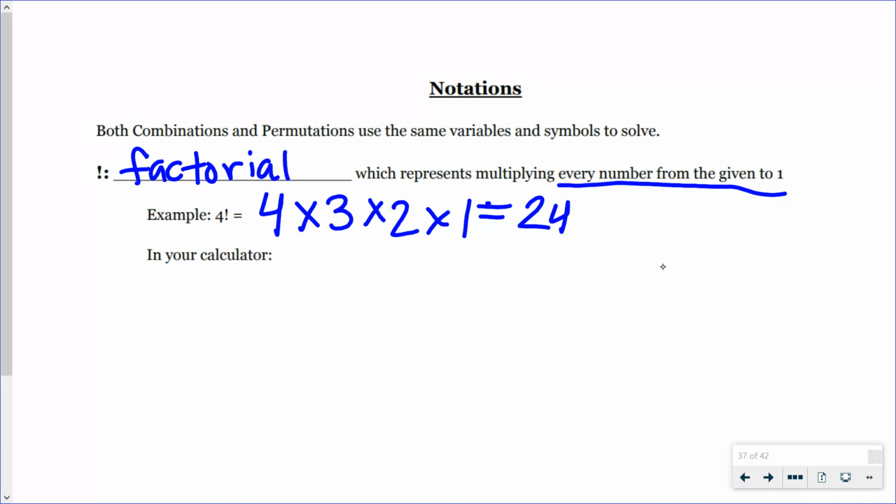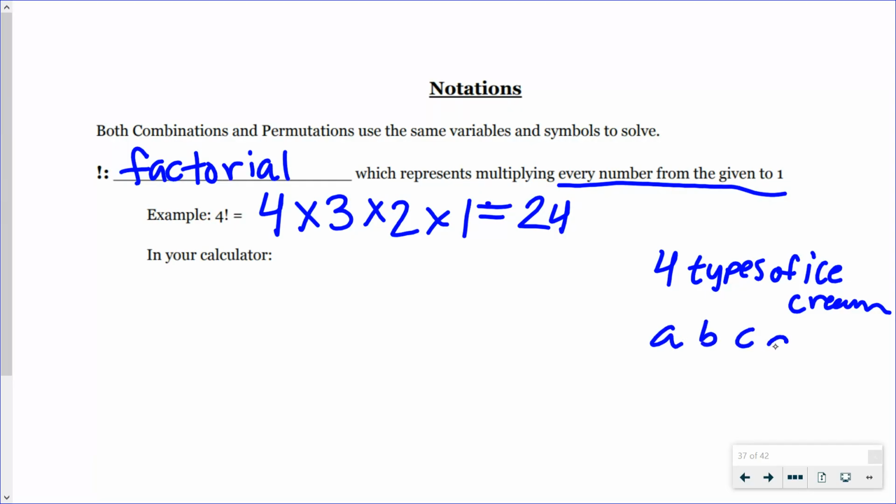And what that's referring to is if I have 4 types of ice cream, I could arrange them by putting all 4 of them in an order, A, B, C, D. Then the next time I do it, I could keep A in the same spot, but this time I'm going to change the other letters around, okay? And what's changing is these 3.